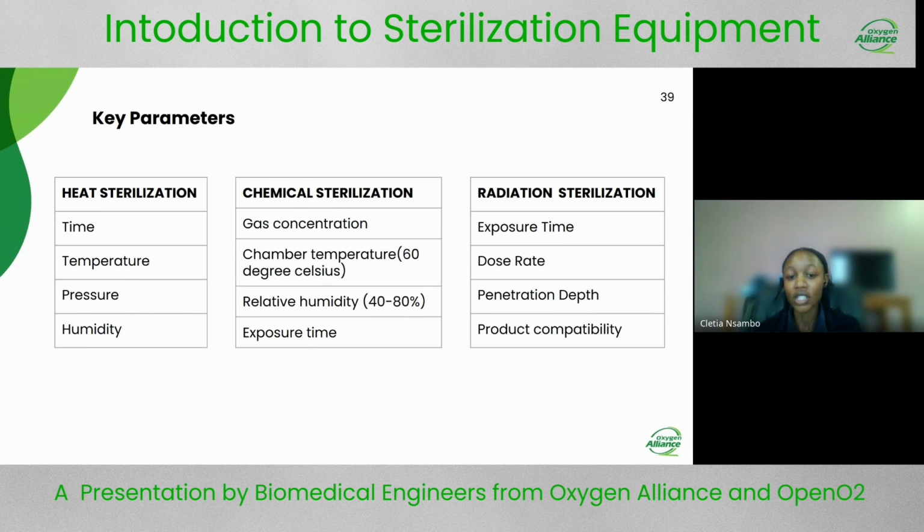So this is an essential parameter so that you're able to choose the type of radiation and know that it's going to penetrate to the desired depth. And the radiation has to be compatible with that product, because you might end up destroying the structure of your product, depending on the type of radiation you're using. If you use the wrong type of radiation, or your product is not compatible with that radiation, it will affect the sterilization process as a whole.